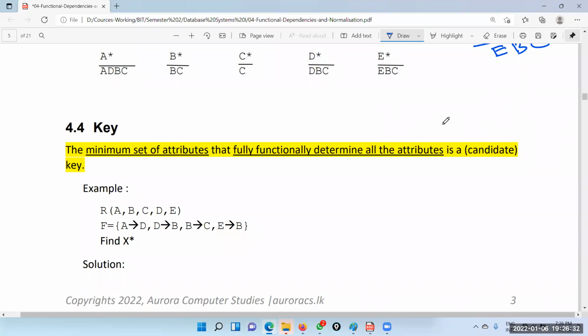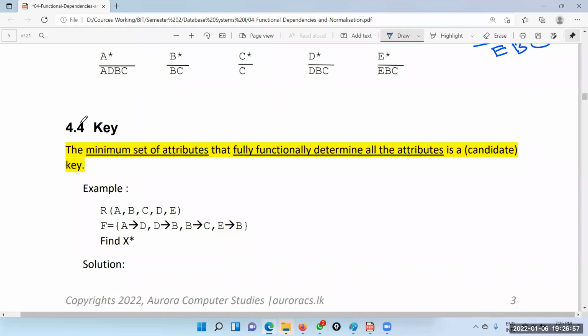Primary key means the selected key that we use to uniquely identify a record, that is from the database domain. But let's make it a sort of abstract concept.